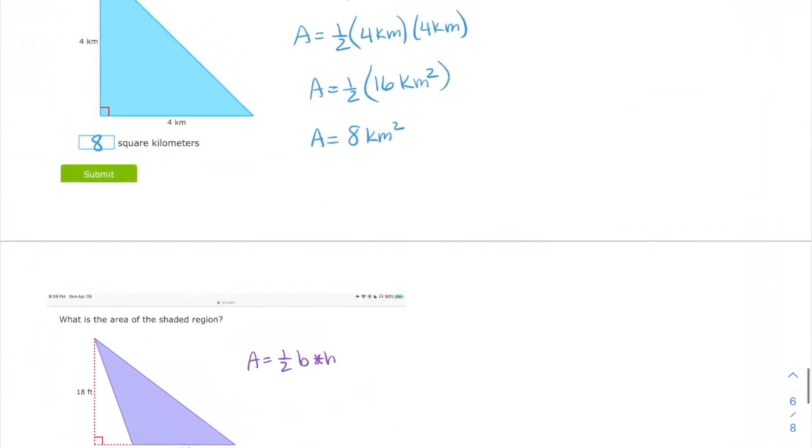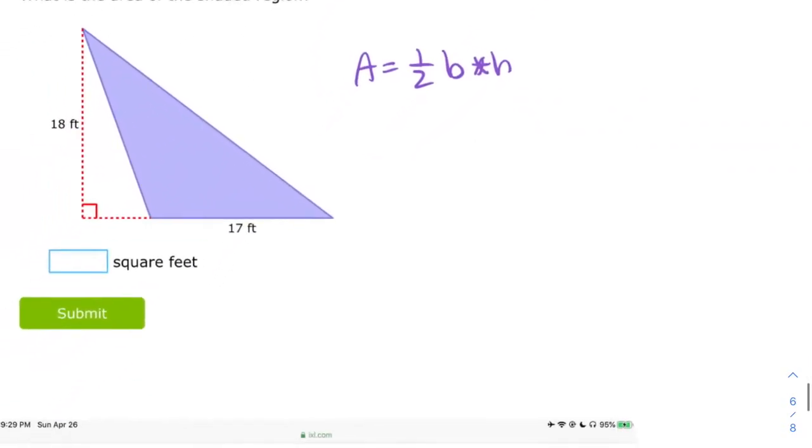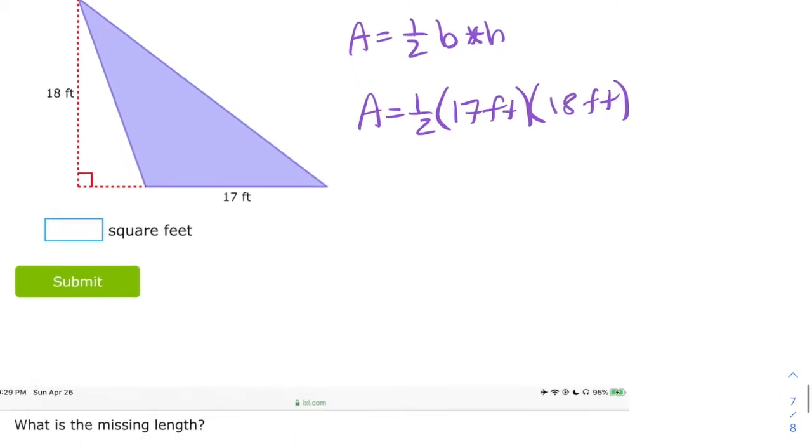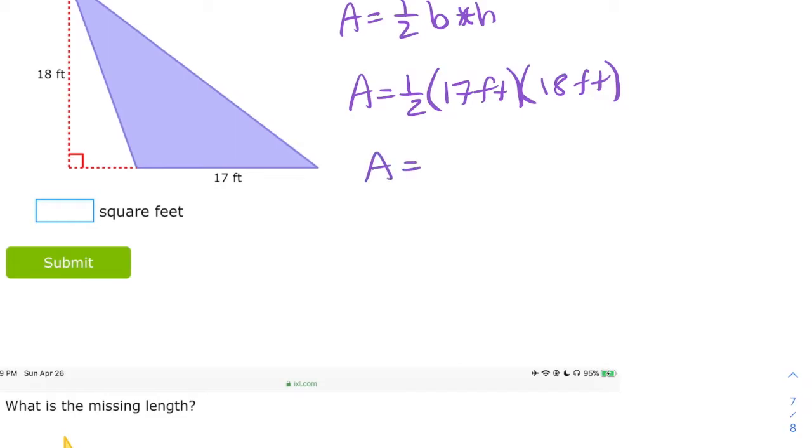Okay, how did I do it before? Yeah. So area is 1/2 17 feet times 18 feet. So 17 times 18 is 306. So feet times feet is feet squared.